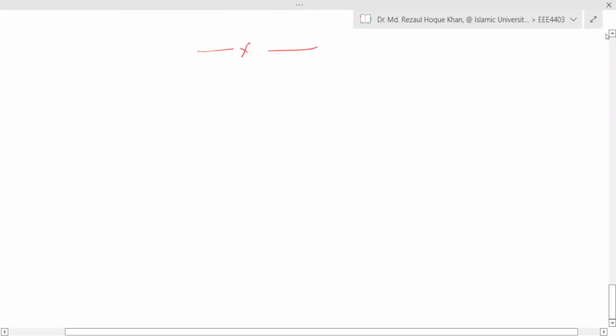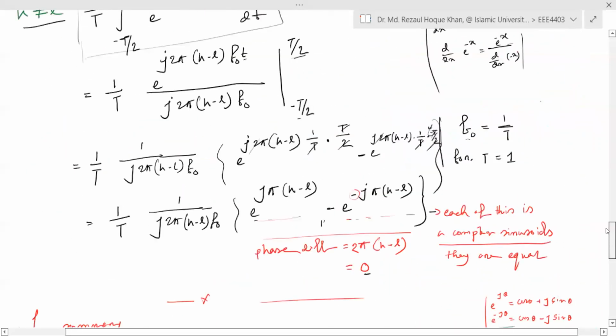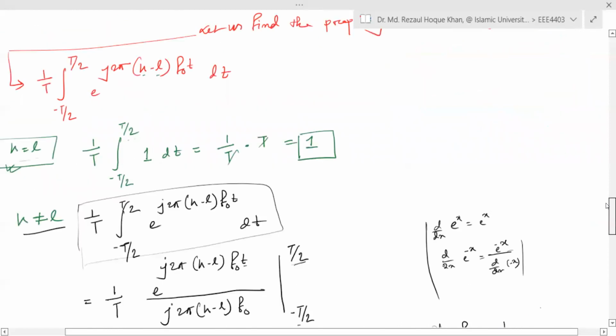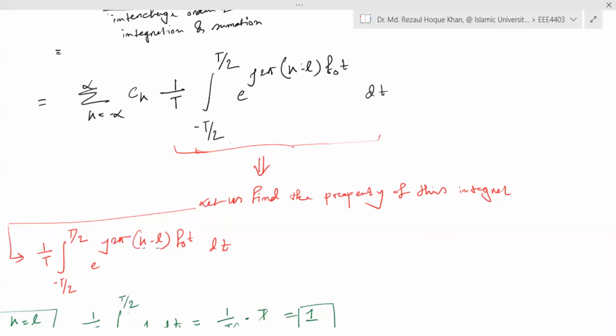So now we have found everything. We found the solution for this part.